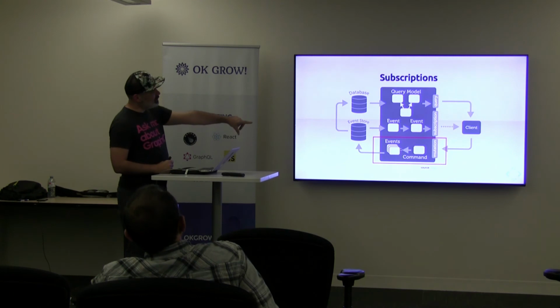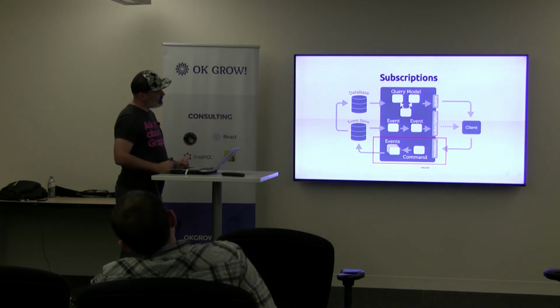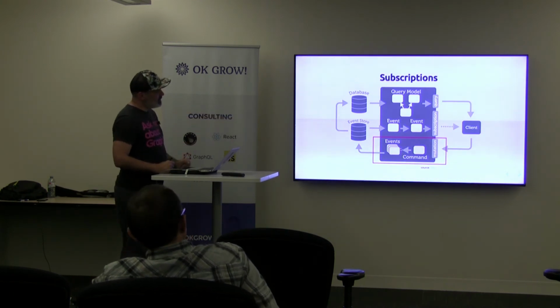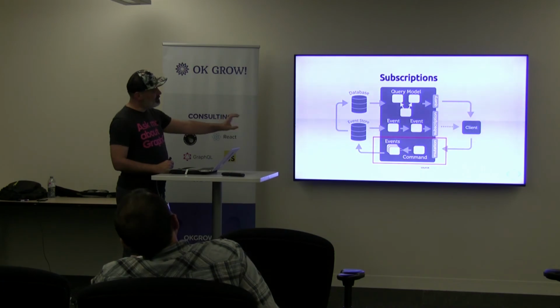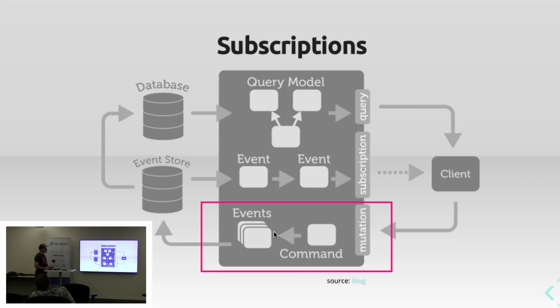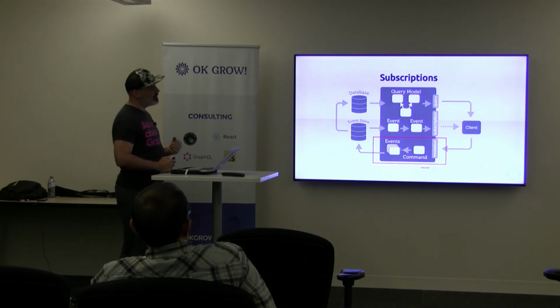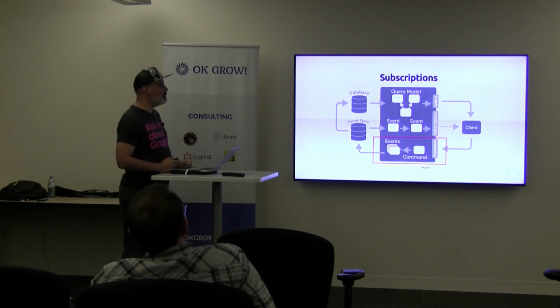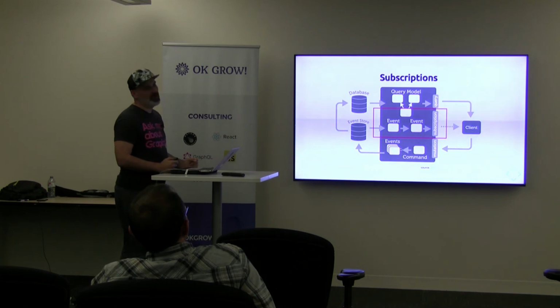That will go into this bit of the diagram. That will just store that subscription, and then when a mutation matches that subscription, it will send a notification to that client. So for example, if somebody creates a new to-do and we subscribe to that mutation, we will receive an event.